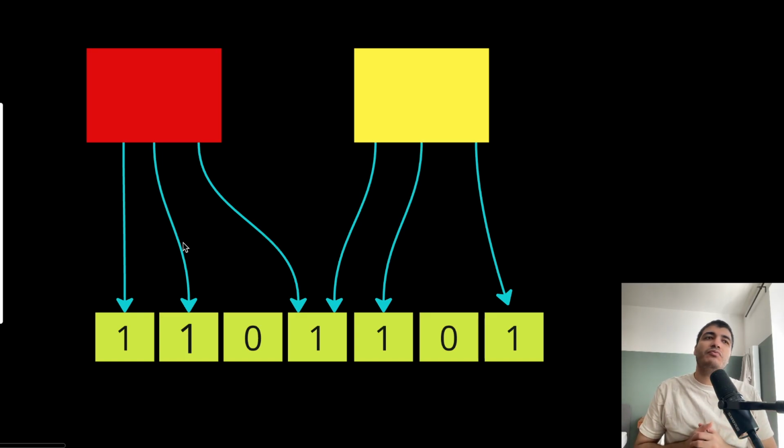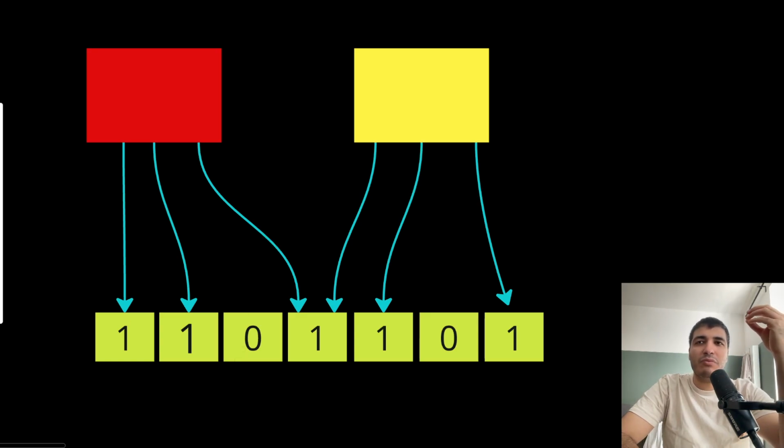Step two, we add an element. For example, when you add a new item, you feed it into each of the k hash functions, and after that we set bits. Each hash function outputs an index within the bit array.